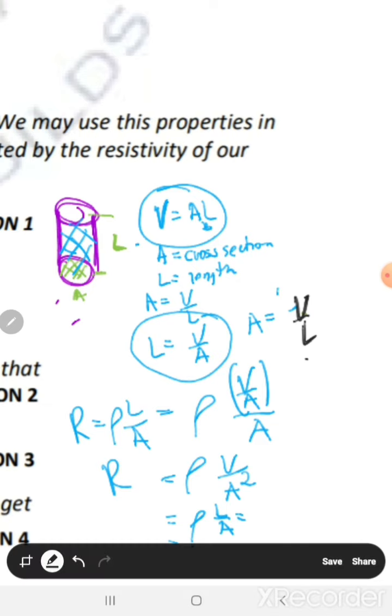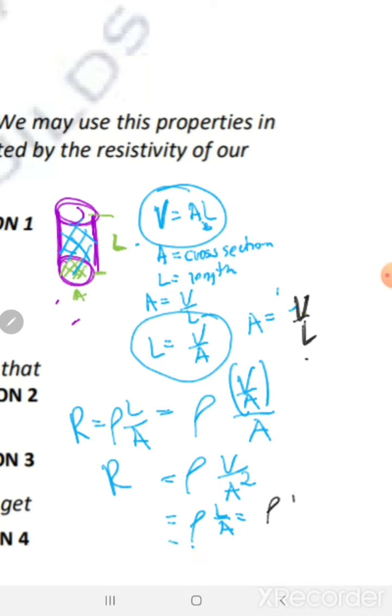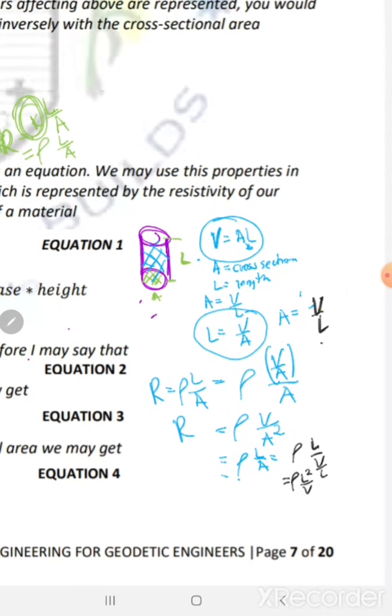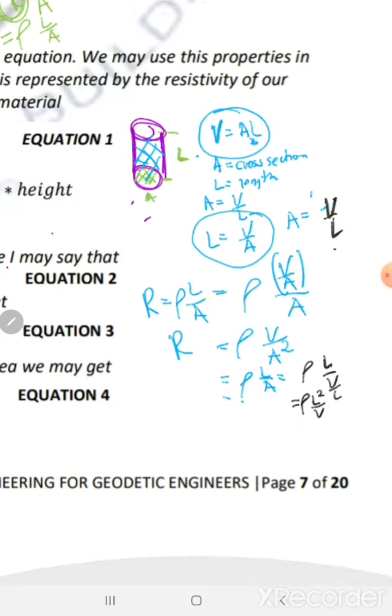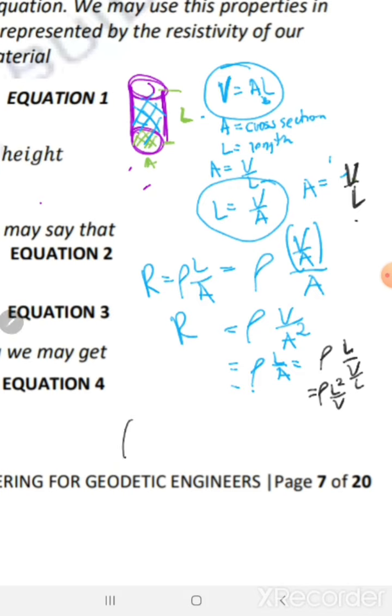If your A is equal to V over L, I may say that R is equal to rho L all over V over L, which is equal to rho multiplied by L squared all over V. Okay? These will be our formulas that can be used in solving the problem.